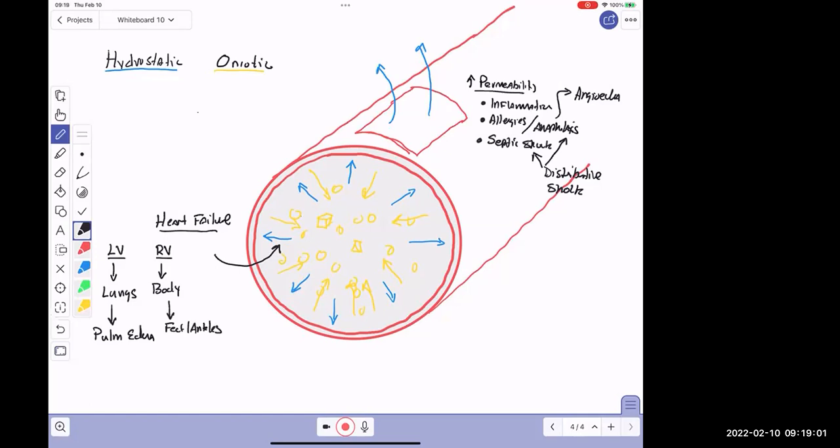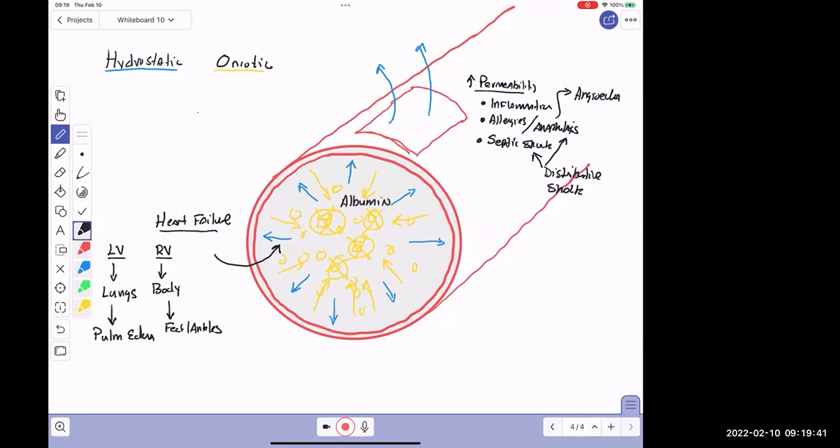All right. And then another situation where we can get edema is a situation that involves the oncotic pressure. So what if I were to lose large amounts of solute in the blood, specifically large molecules that produce a lot of oncotic pressure? One of the most important molecules that exerts oncotic pressure is a large protein called albumin.